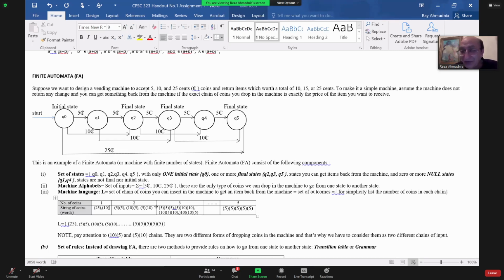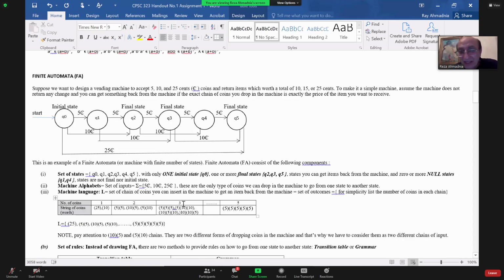This is like when we say AB is not the same as BA. In this machine, you can see it: 10 and 5, and 5 and 10, are 2 sequences of coins you can drop in the machine to get something that costs 15 cents.